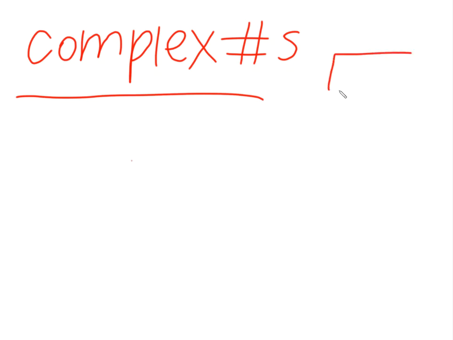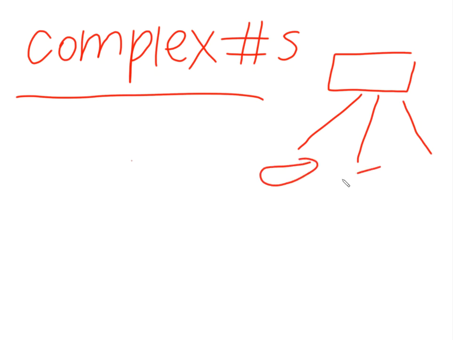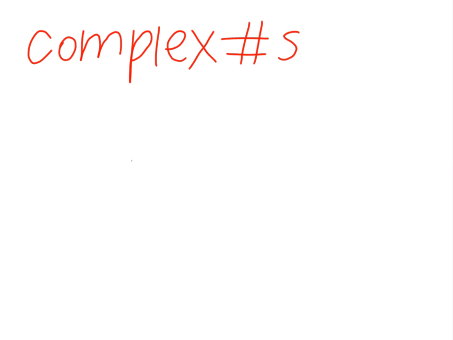So complex numbers are the broadest category. There's a bunch of different ones branching out from it. To be quite frank, it's just the broadest one.